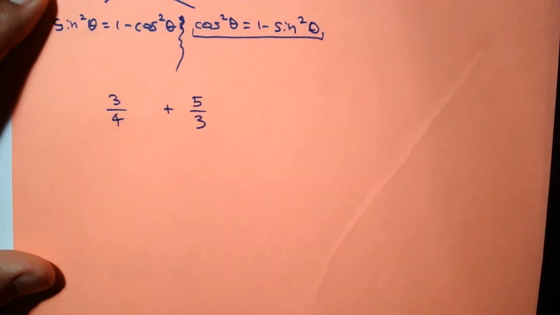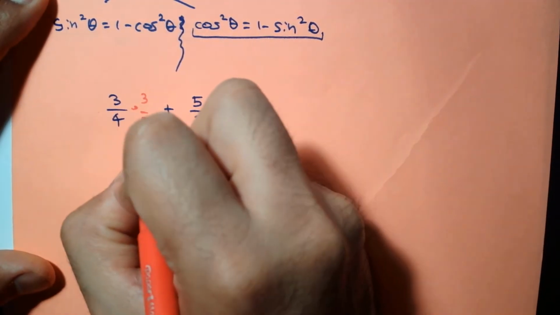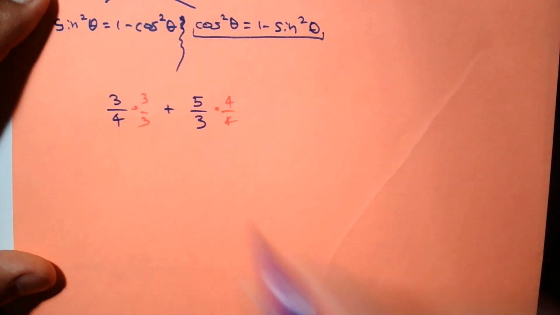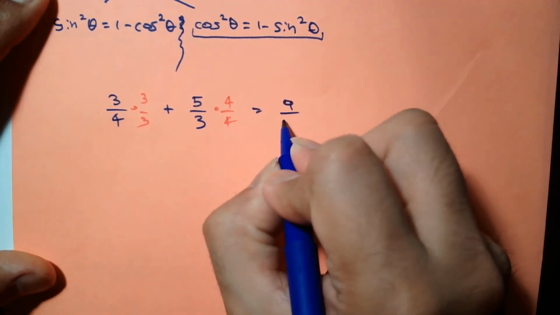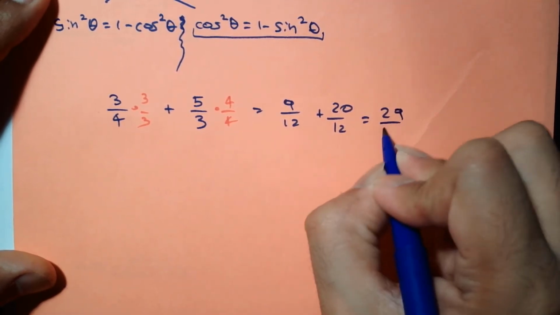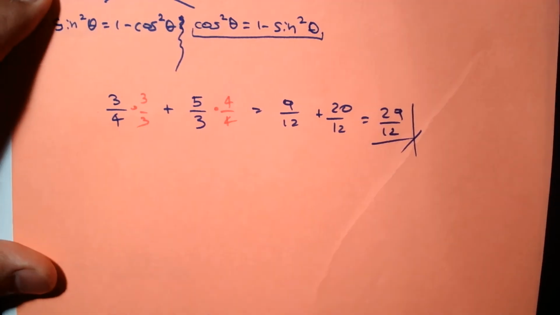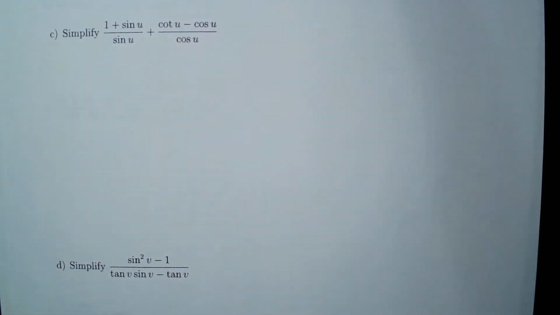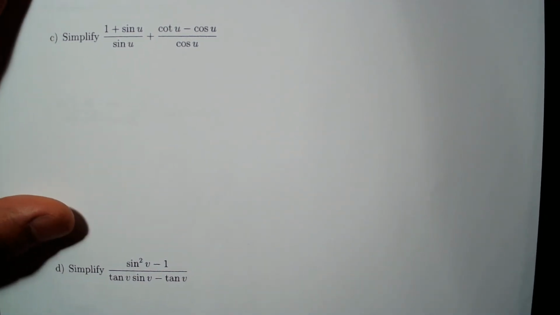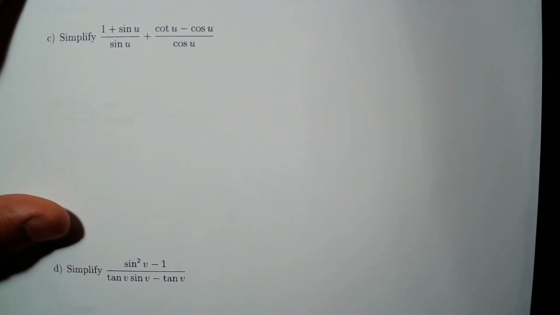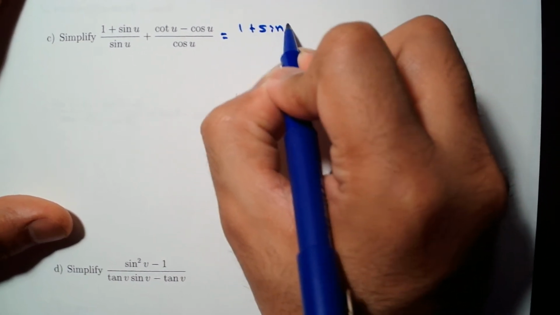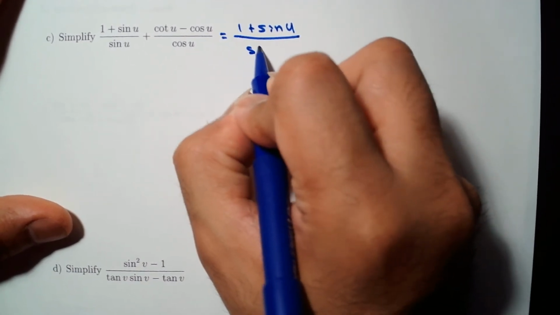We would multiply this by 3 and this by 4 to have a common denominator. So that's 9 over 12 plus 20 over 12, and that's 29 over 12. Basically, we're going to do the same here, but we are going to look for least common denominators in terms of trigonometric expressions. So that's going to be 1 plus sine u over sine u.